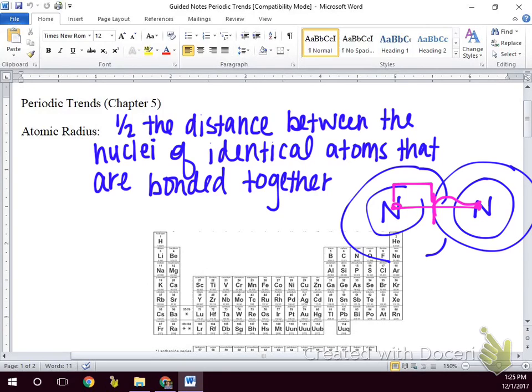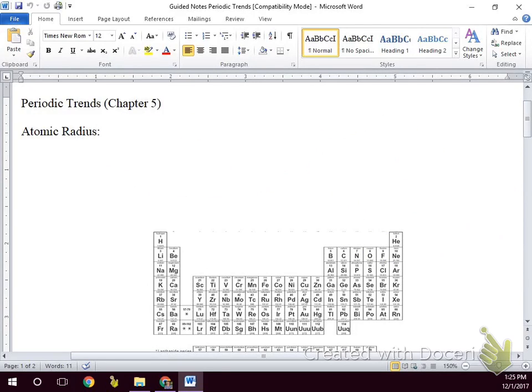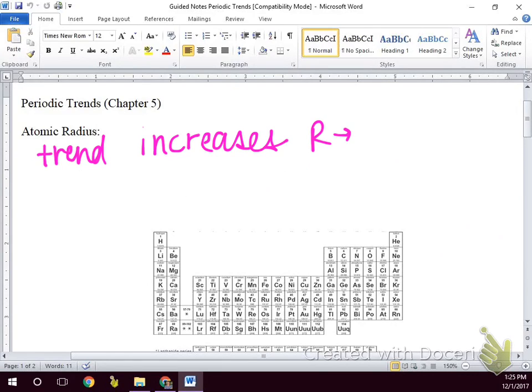So now I'm going to show you what the trend looks like. Okay, because all these trends show up on the periodic table. Okay, so the atomic radius trend, and I'm always going to draw my arrows in the direction of an increase. Okay, so it increases from right to left, and increases from up to down.